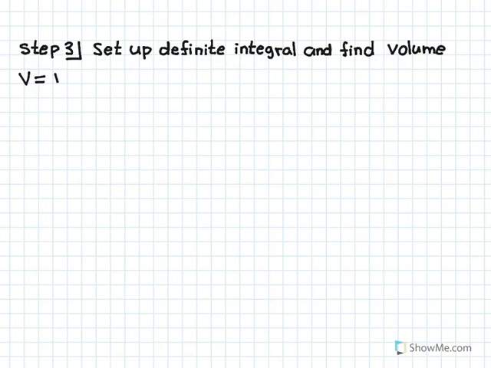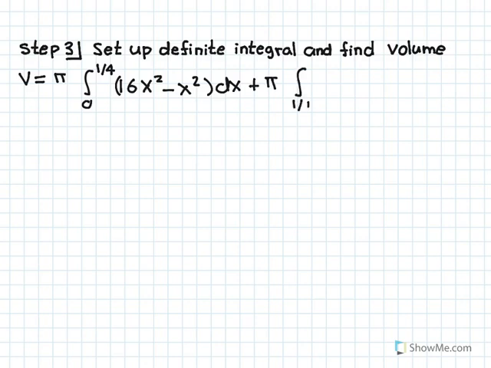Volume is equal to pi times the integral from 0 to 1/4 of 16x squared, because we get 4x all squared, 16x squared minus x squared dx, plus pi times the integral from 1/4 to 1 of 1 squared, which is 1, minus x squared dx.